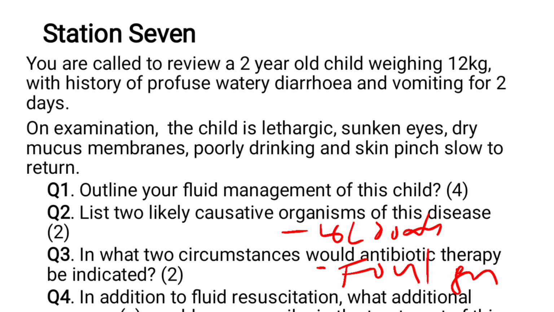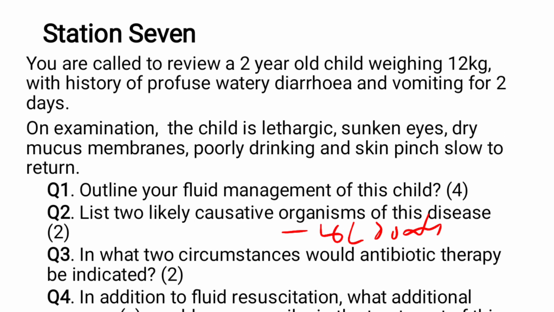For more indications, you can also put when there is a very high fever, or when there is an actual sign of infection, but I put those at the last part. But these two, bloody diarrhea and foul-smelling stool, are the indications for antibiotic therapy.